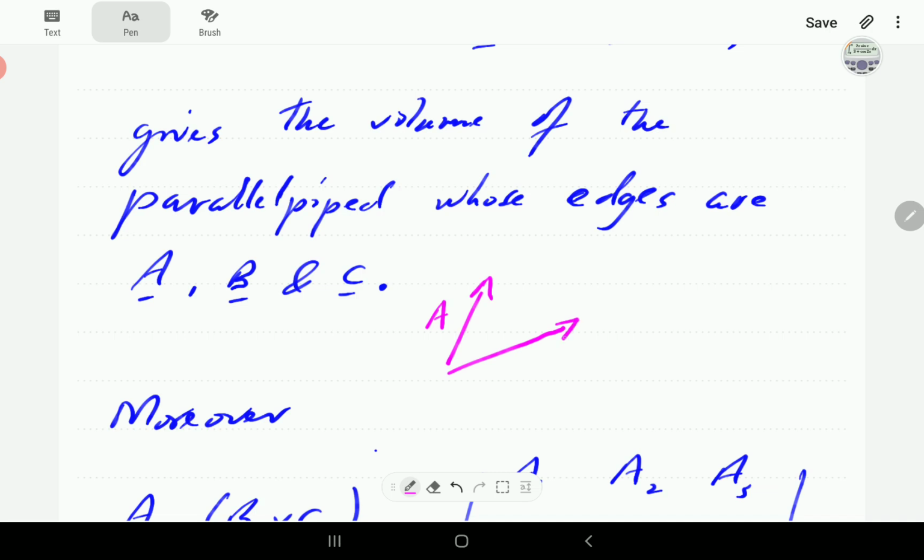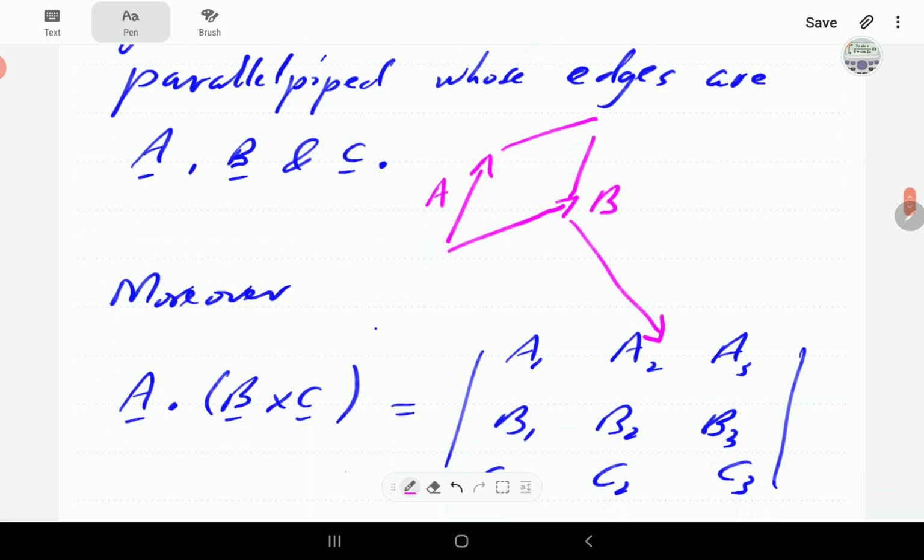This is vector B, so that's still vector B. This is vector A. If this is vector C, then this could be a parallelepiped. Okay, so this is vector A, this is vector B, this is vector C.